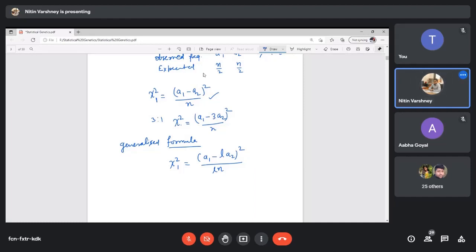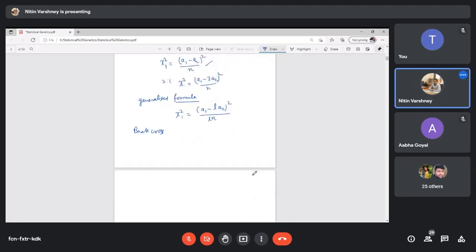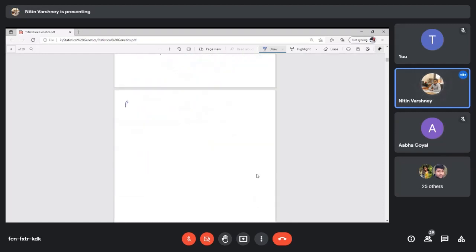So different types of ratios are there. Suppose that is of gametes, suppose back cross. Somebody asked what will be the chi-square for a back cross. I will make a table in a new page.